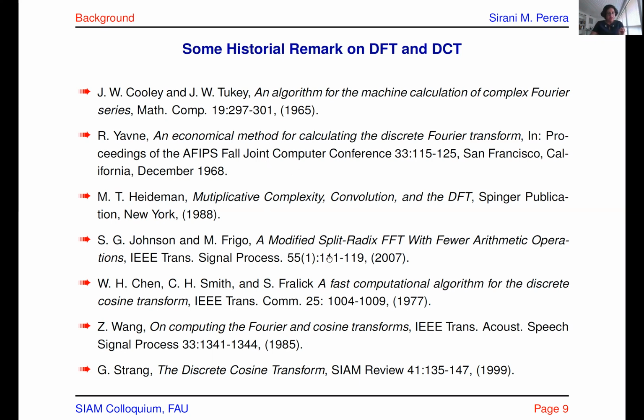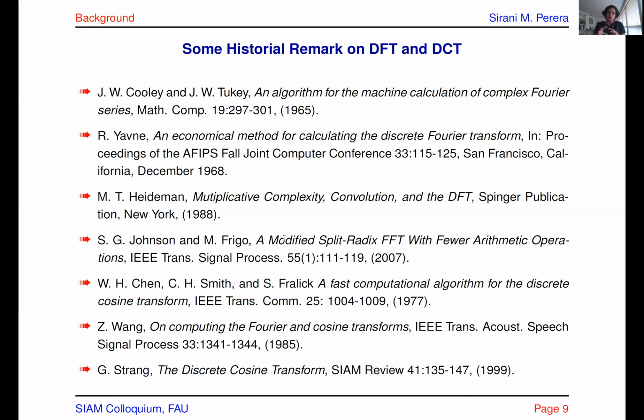And very recently, in an MIT paper, they reduced the complexity a little further down, around a 6% reduction of the complexity in Yavne's paper. And then they mentioned that this is the lowest arithmetic operation count that you could obtain in computing the FFT algorithm for the DFT matrix.